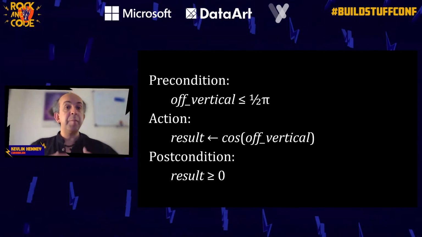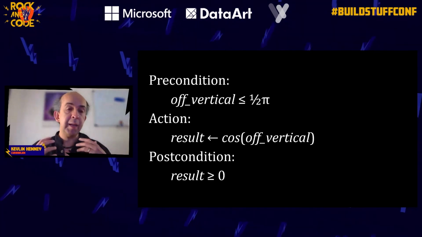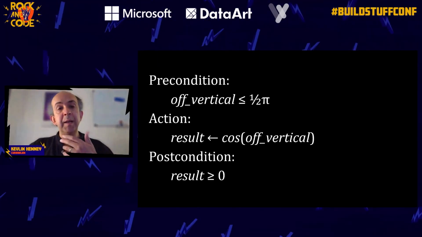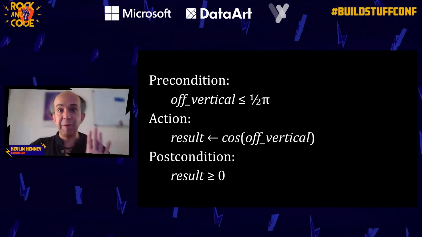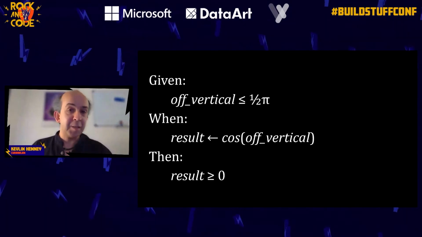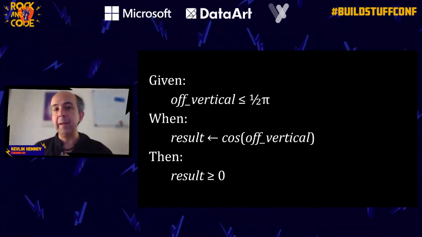The idea of precondition, method call, postcondition. So here is what we've got. We also see that it is identical and transfers directly over to given, when, then, if you're familiar with BDD. And this gives us a test structure, arrange, act, assert. These are all the same idea. There's only one idea here.